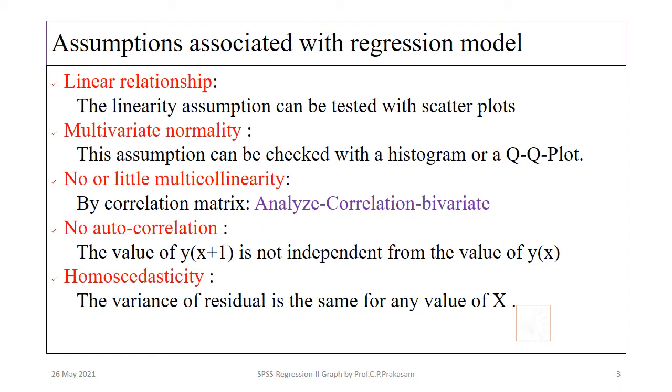The first two assumptions can be checked by the graphic module, and the other three, no multicollinearity, autocorrelation, and homoscedasticity, can be done by using the analyze, correlation methods from the SPSS statistics editor. Now we will discuss how to use the graphics module for the linearity and normality testing.